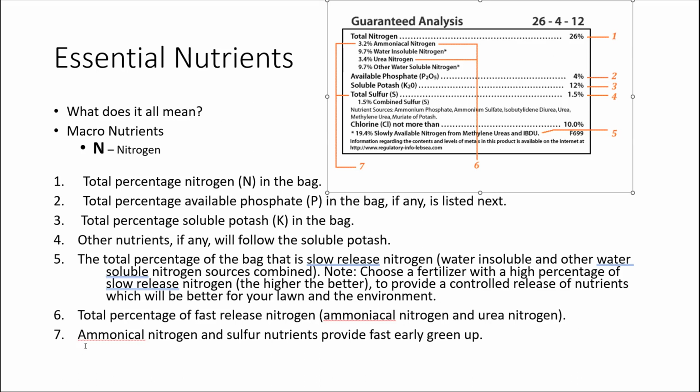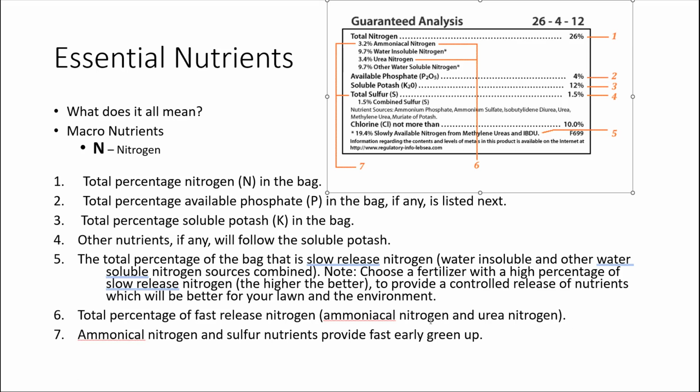So this last statement here, number 7, says 3.2% ammoniacal nitrogen, quick release, immediately available to the plant, and some sulfur provide fast early green up of lawn. So this is actually a good conventional fertilizer. And again, we will get into whether conventional fertilizers are actually good or not.